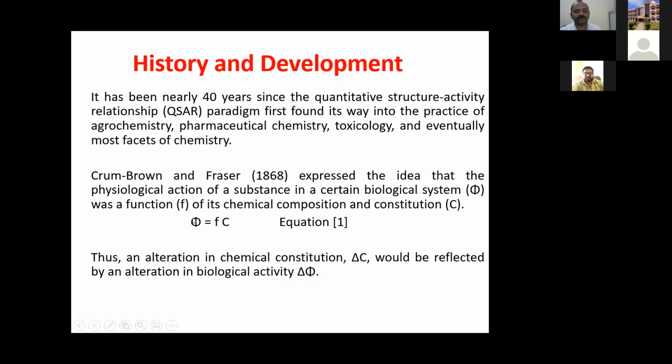The biological activity is a function of its chemical constitution. This is what we do even now in QSAR, 2D or 3D, and it was given in the 19th century by Crum-Brown and Fraser in a very simple way.